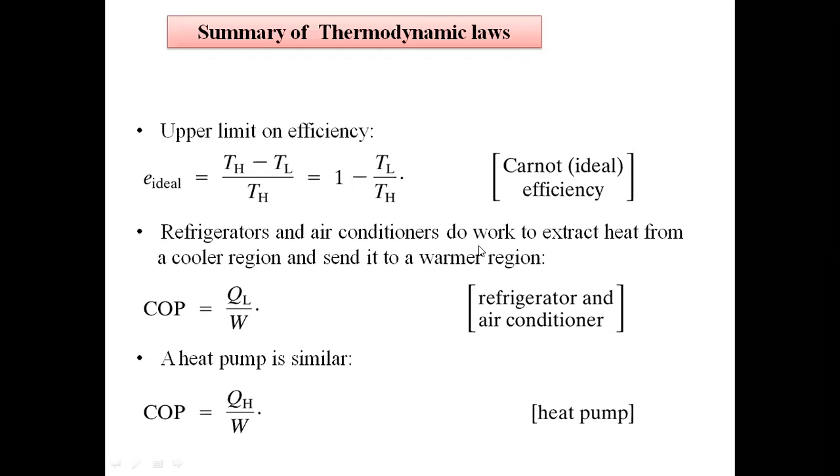Refrigerators and air conditioners do work to extract heat from a cooler region and send it to a warmer region. So COP equals QC over the work, or QL over the work. For refrigerator and air conditioner, this is the COP, coefficient of performance.